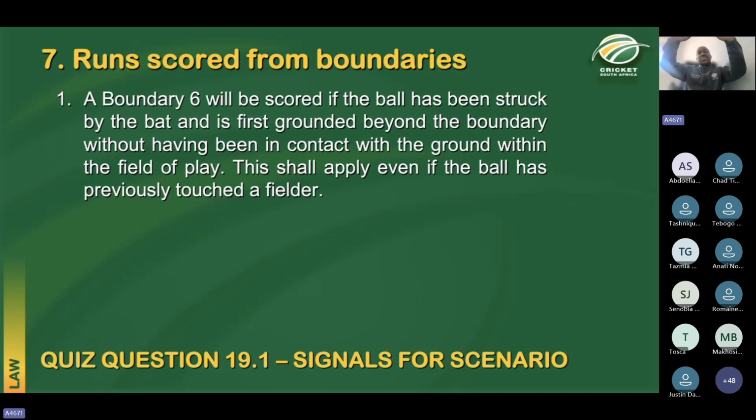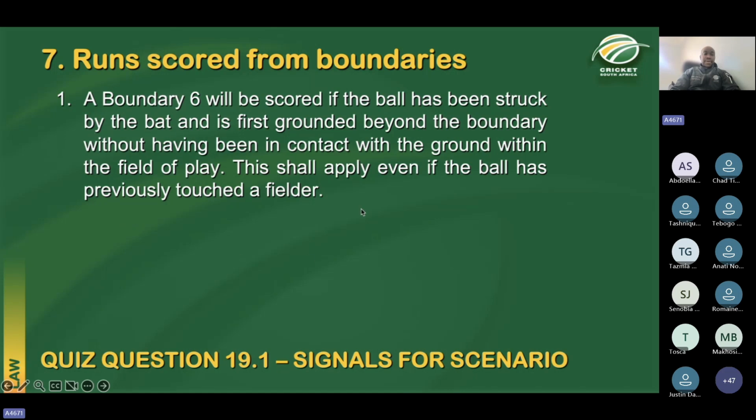So if a fielder attempts to take a catch on the boundary and the ball bursts through his or her hands and lands up outside of the field of play, bouncing for the first time over the boundary, then that will be a boundary 6. But the important part of this definition is right at the start of the second line. The ball has to be struck by the bat to be a boundary 6.